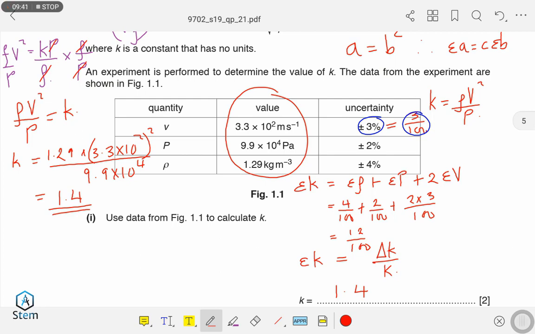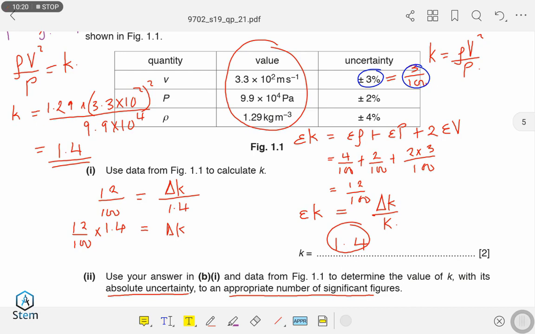So now we can substitute this information and we can say the fractional uncertainty that we just obtained, which is 12 divided by 100, is equal to delta K that we are calculating, the absolute uncertainty, divided by the actual K, which is this value here, 1.4. Therefore, delta K would be equal to 12 over 100 times 1.4.